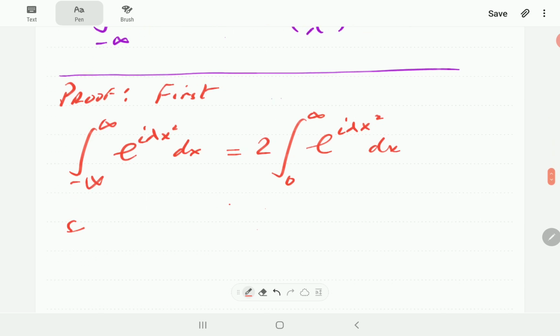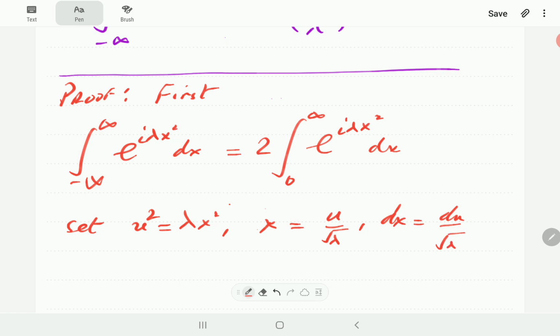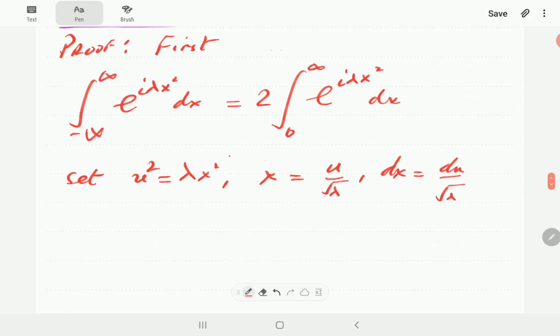And then we are going to set u to be equal to lambda x squared, sorry, this is u squared here, which means x is going to be u over square root lambda, and hence dx is going to be du over square root lambda. So we can rewrite this.